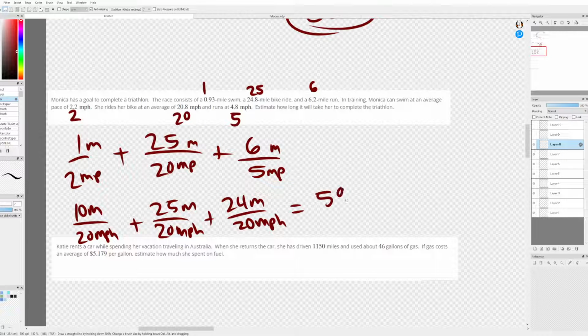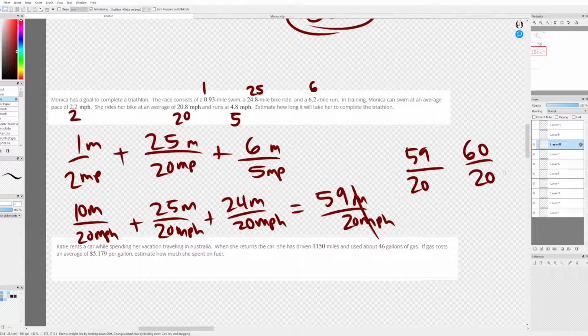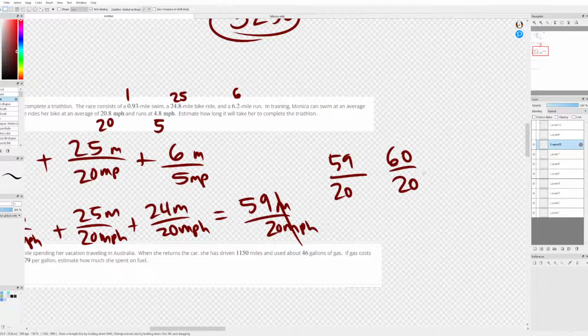Which will give us 59 over 20 miles per hour. We can get rid of the miles part, so it's going to be 59 over 20. We can round this 59 to 60.